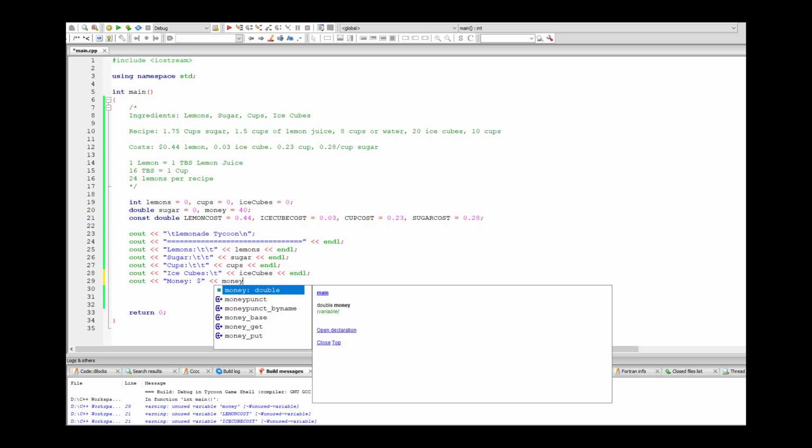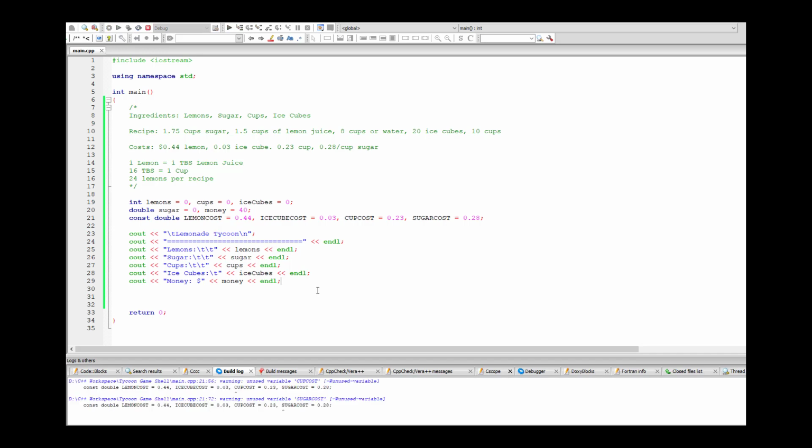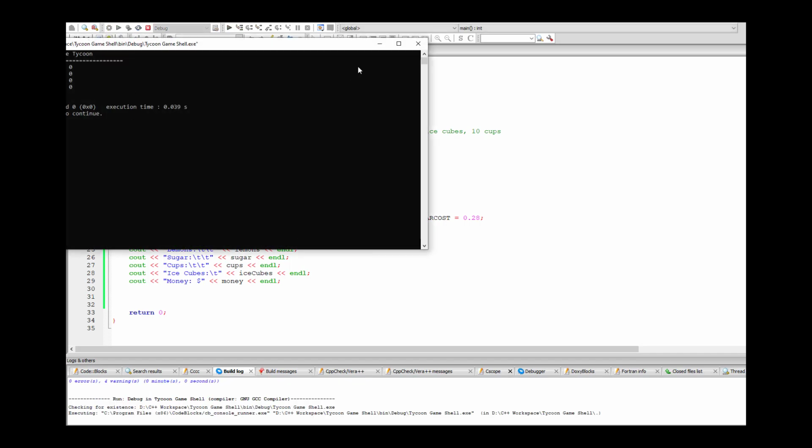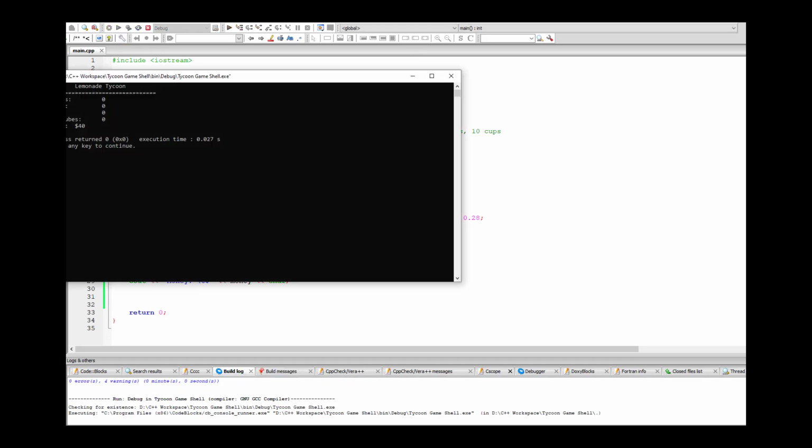Okay, and money. Now, because we're dealing with fractions and stuff like that, we might end up with our doubles being represented with things like 0.4529 or something like that, which we probably don't want. All right, so let's push this out a bit. So another tab there, make sure it all lines up.